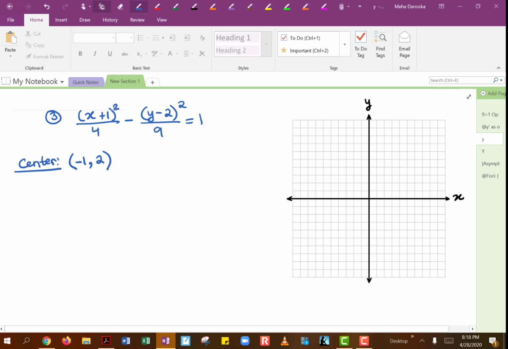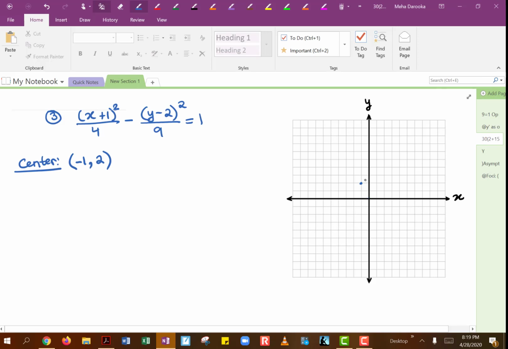So the center of our hyperbola is -1 and positive 2. Instead of our center being at (0, 0), we are now moving 1 unit to the left and 2 units up.